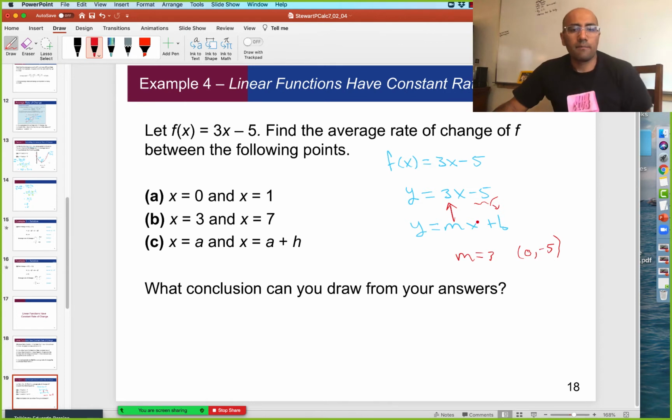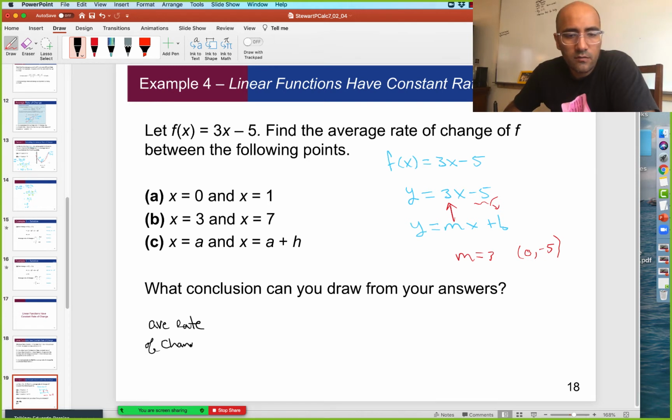Good. Okay, so now let's find the average rate of change by following our formula. By following our formula, we have that the average rate of change is equal to f of 1 minus f of 0 divided by 1 minus 0.